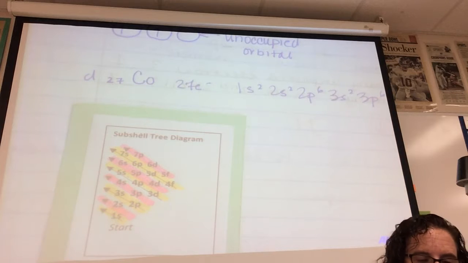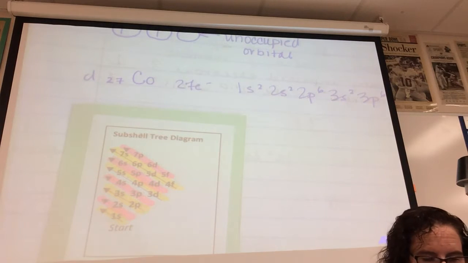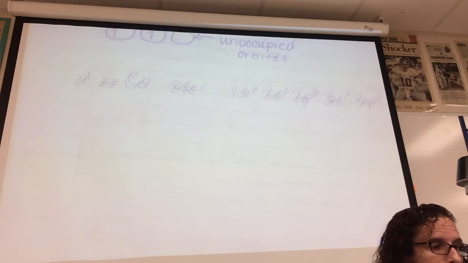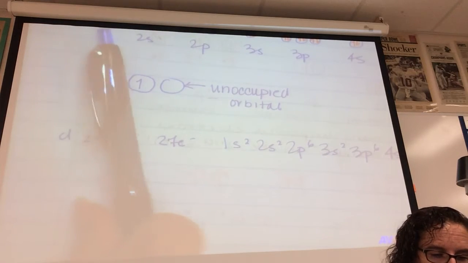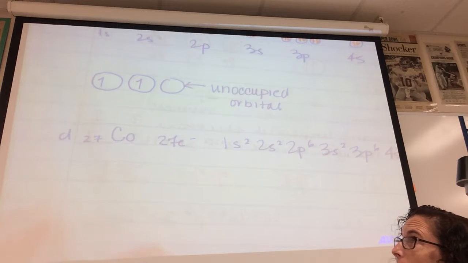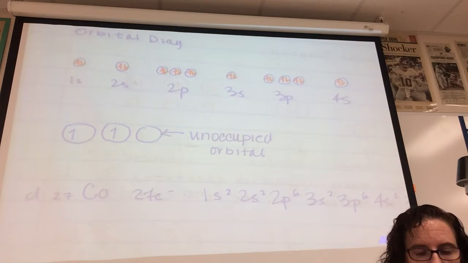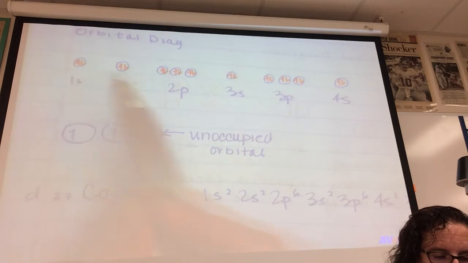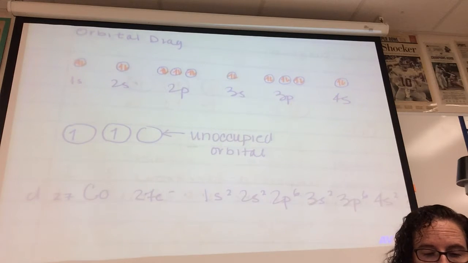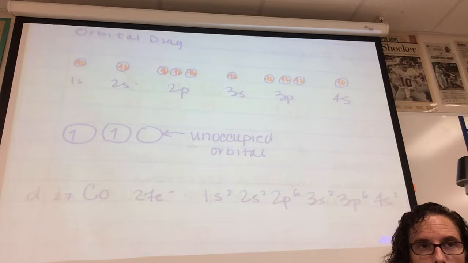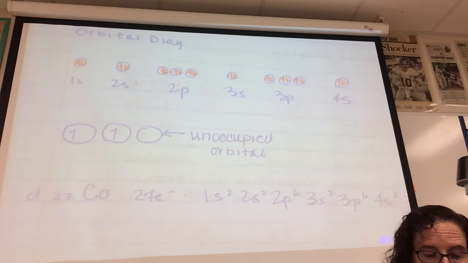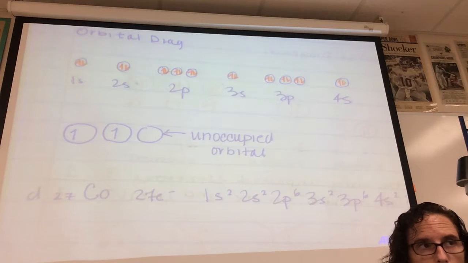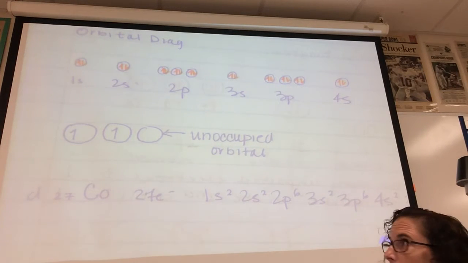Excellent. All right. Now, it is important that you can draw the entire orbital diagram as we've been doing. It is a waste of time to redraw all of this. So I'm just going to focus on the last subshell here for you, but make sure you can do all of it. Once you get good at it, just focus on the last subshell.